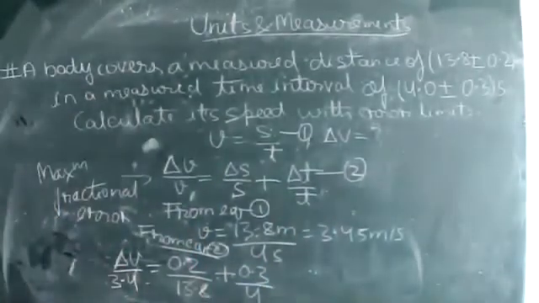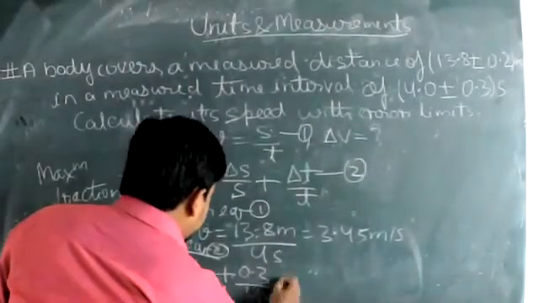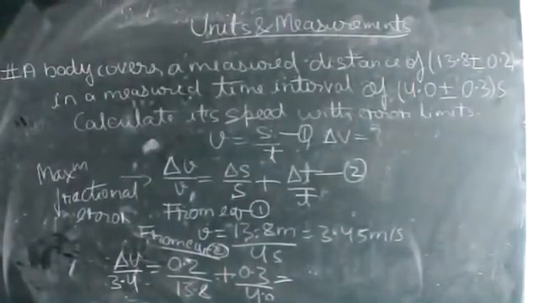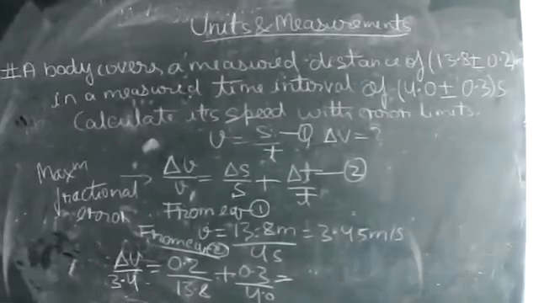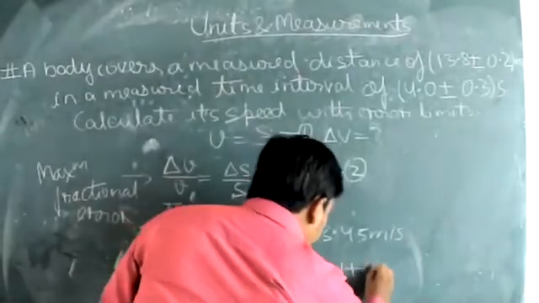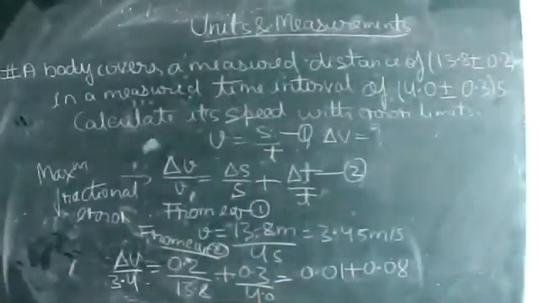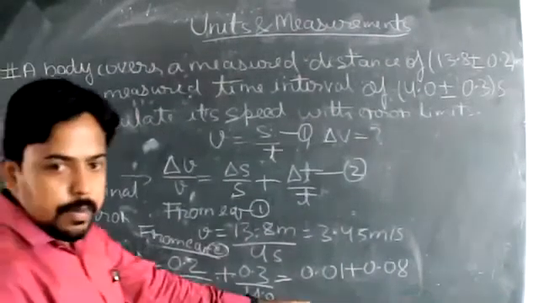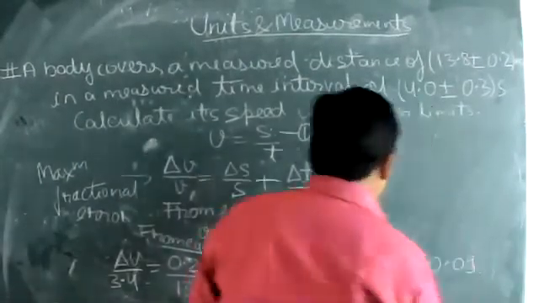This is what we have. Now if you solve this, how much is it coming? Just tell me fast. So 0.014 plus 0.075, might be coming this much, and it comes out to be 0.09.